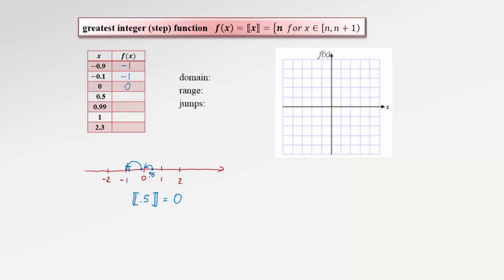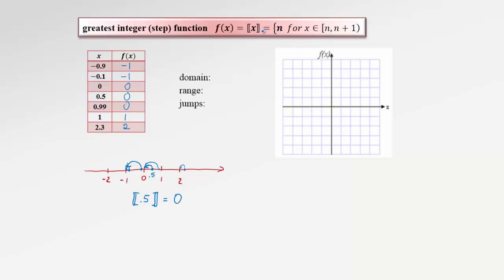So it's fine. Greatest integer of 0.5 is still 0. 0.99, which is somewhere here, when you look to the left and look for the closest integer, well, that's 0 again. 1, the greatest integer is still 1. 2.3, somewhere here, the greatest integer is 2.